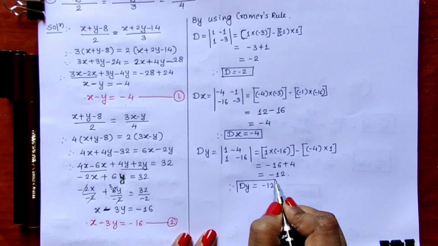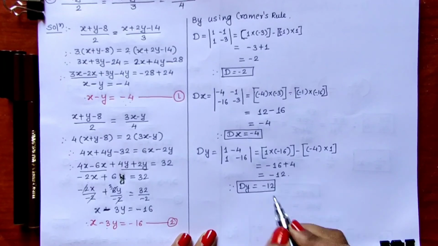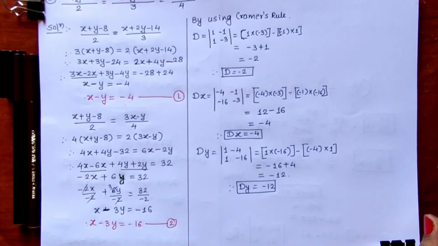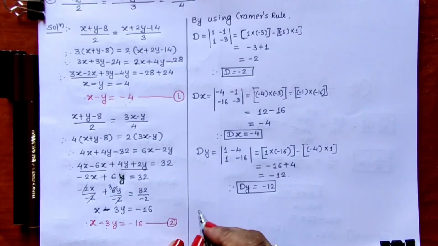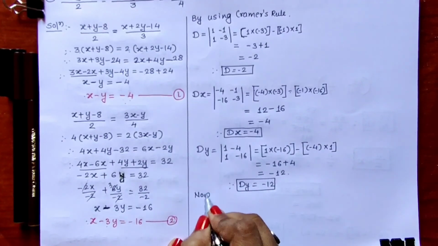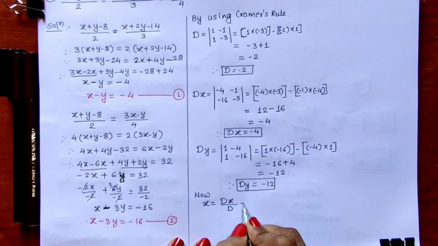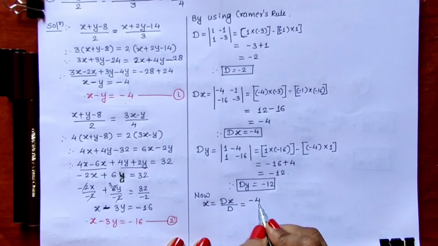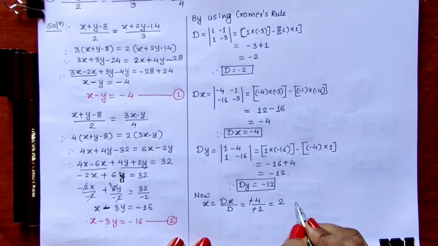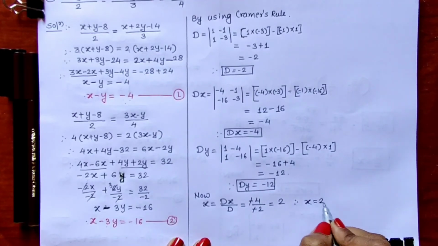So in this way we have got all three values, D, Dx and Dy. Now x is equal to Dx upon D. Dx we have got minus 4 upon D is minus 2. Minus minus cancel, 2 2s are 4. Therefore x is equal to 2.